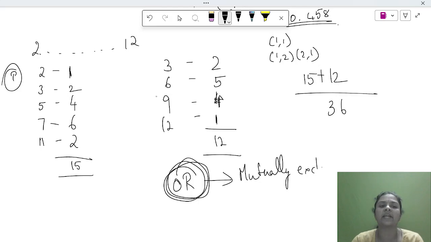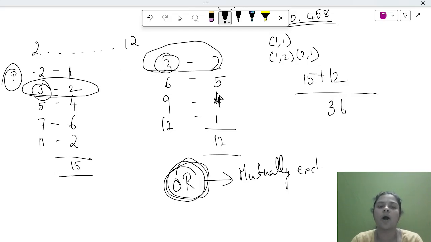You should see if there is any common value occurring. 2 is common, no, 3 is common for both the events. Nothing else is common. So there is one value which occurs commonly across both events, which means they are not mutually exclusive. So, I need to subtract the common value.